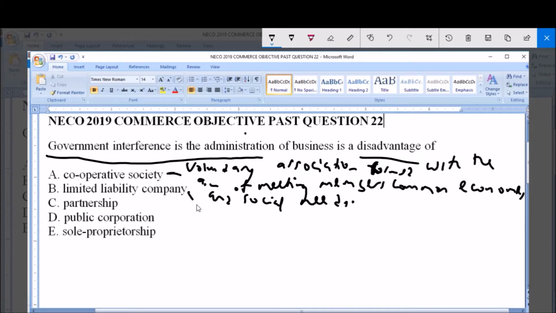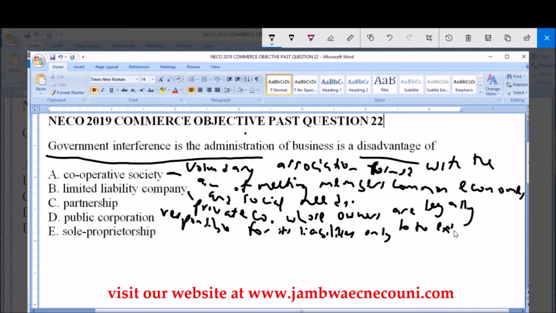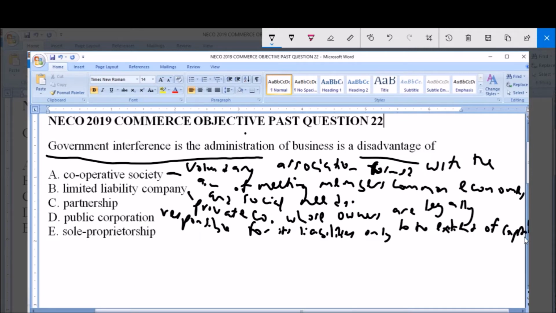Now you have limited liability company. Now, limited liability company is a private company whose owners are legally responsible for its liabilities only to the extent of capital invested.